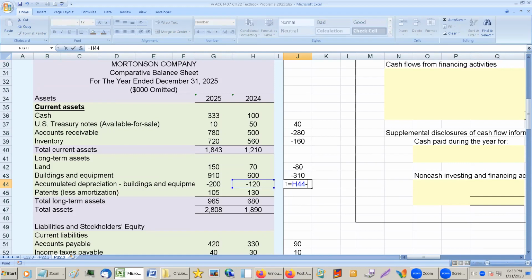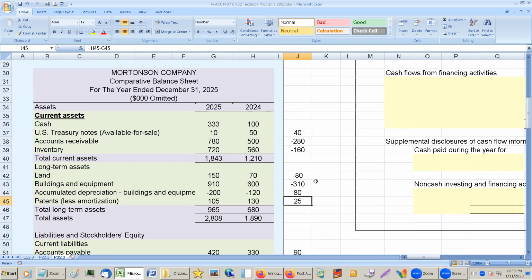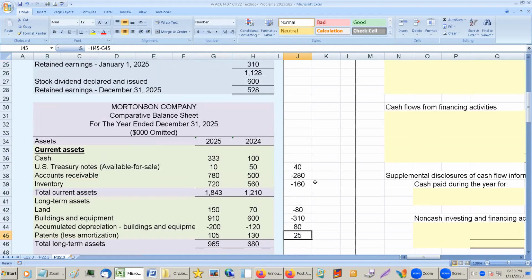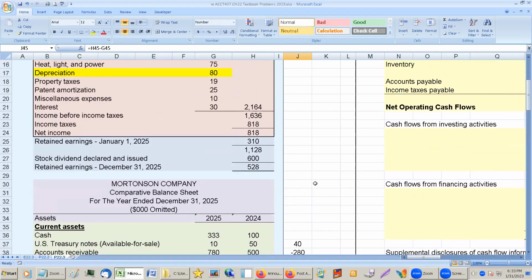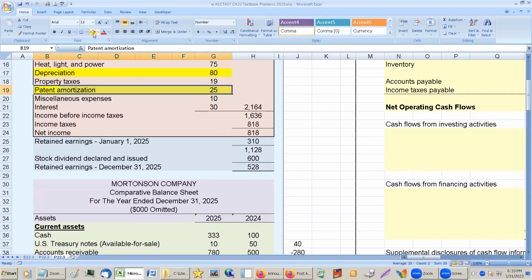So this had a change of 80. And the patents had a change of 25. Do we do anything with that? We already did.